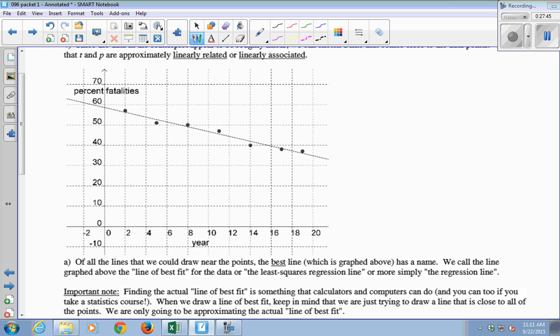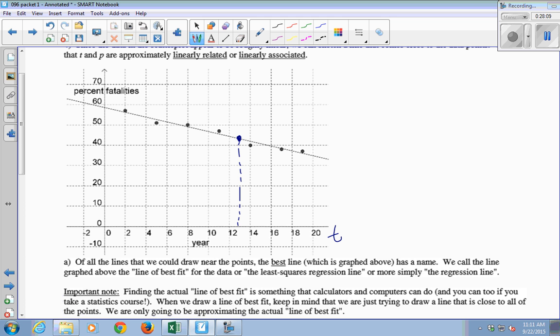So at 13, I don't have a data point in my actual data table for 1993, but I can use my line to estimate what that percentage is.